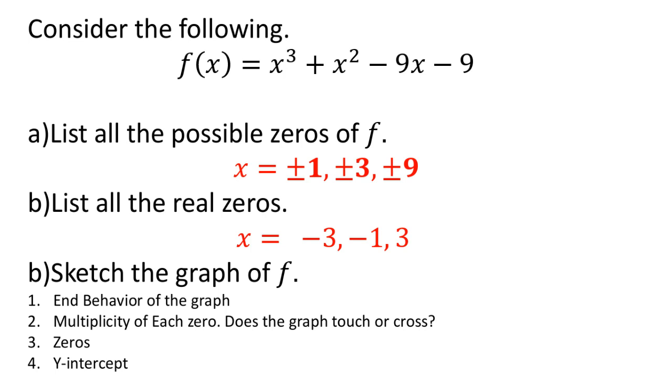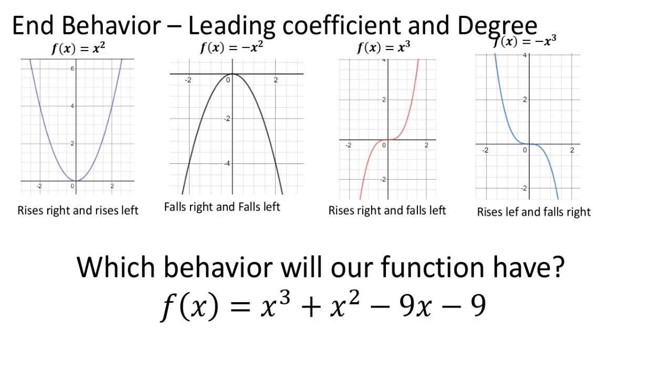That one's hopefully easy to see. If I wanted to find the y-intercept, I want to replace x by 0, and that's going to give me the y-intercept. All right. So again, to review the end behavior of the graph, if we have an even function and our leading coefficient is positive, our graph is going to be pointing up, or as the book states, it rises on the right and rises on the left.